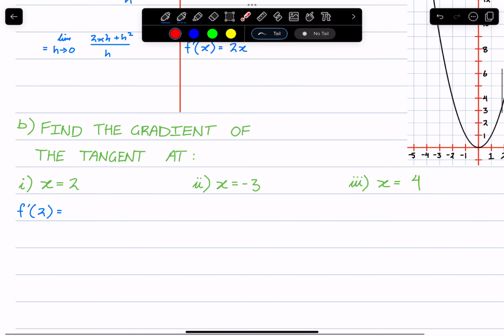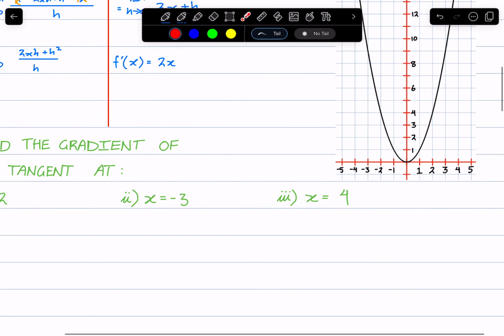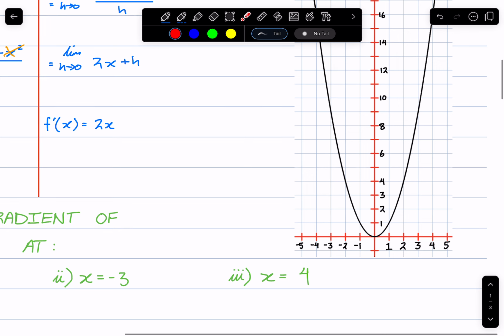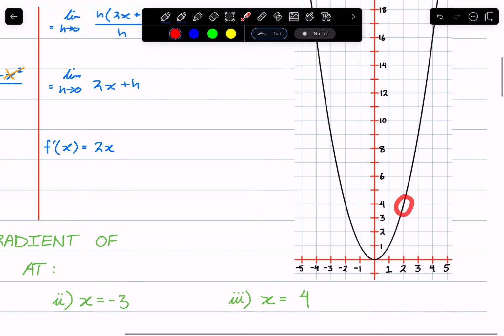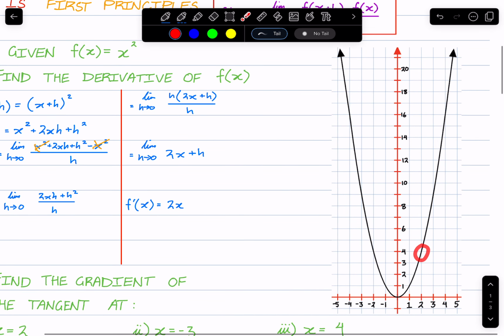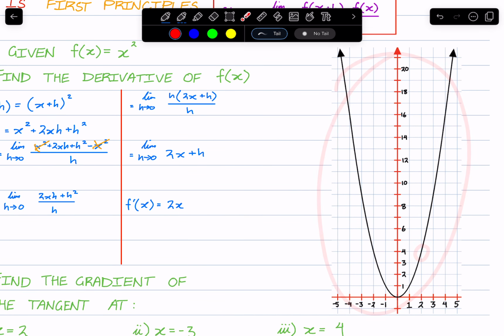This means, for the derivative of the function f, what is the gradient of the tangent drawn at x equals 2? If I go to x equals 2, I find the point on the graph of the function, which is x squared.